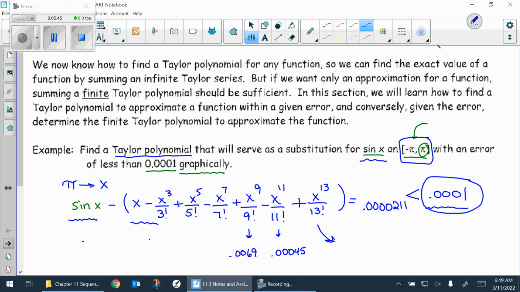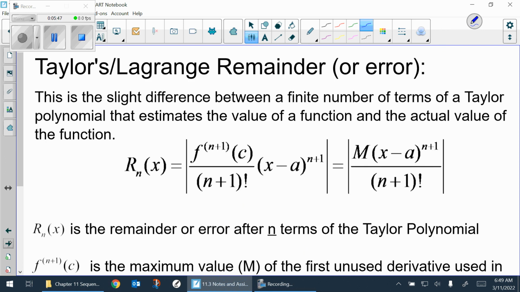All right. Now, Taylor's remainder theorem, or Lagrange, it's usually referred to as Lagrange on the AP exam. This is the slight difference between the finite number of terms of a Taylor polynomial, like we just saw, that estimates the value of a function.